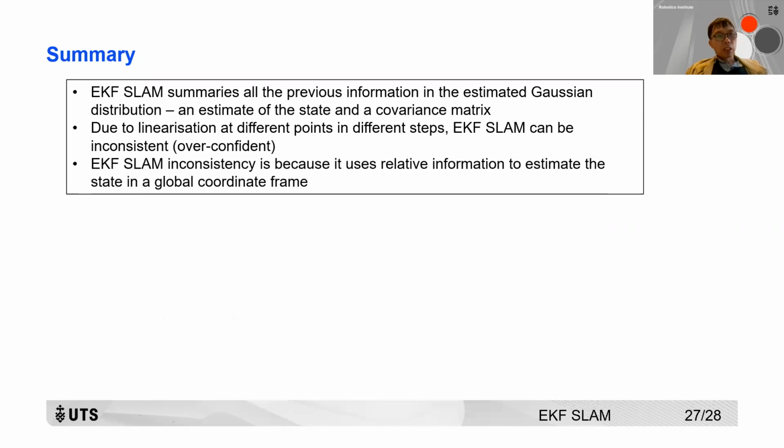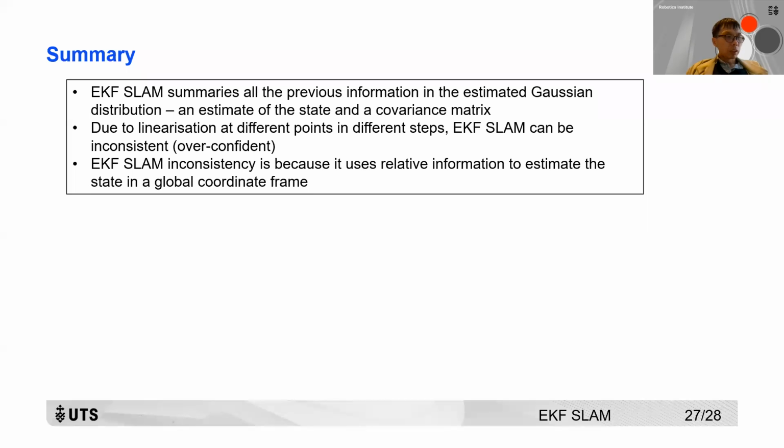So the EKF SLAM inconsistency, from our point of view, is because it uses relative information to estimate the state in the global coordinate frame. If we don't use the relative information to estimate the global state, then it should be much better.